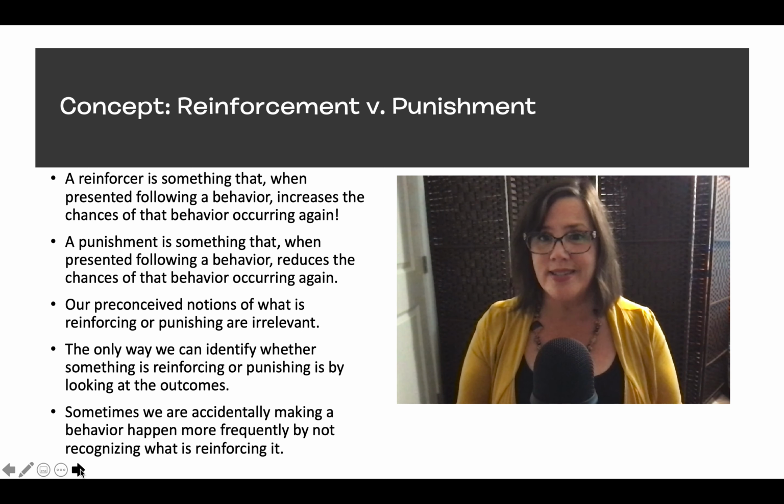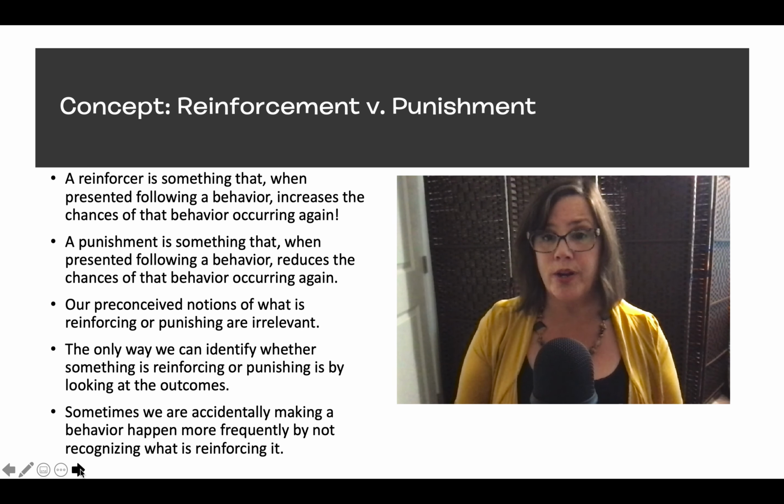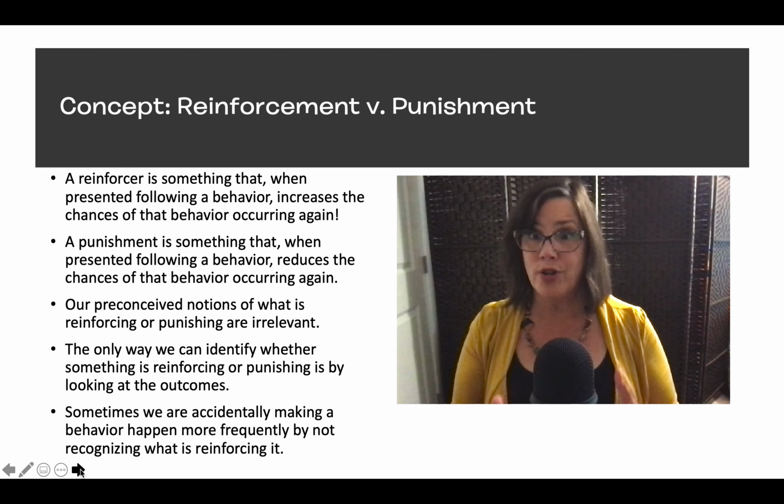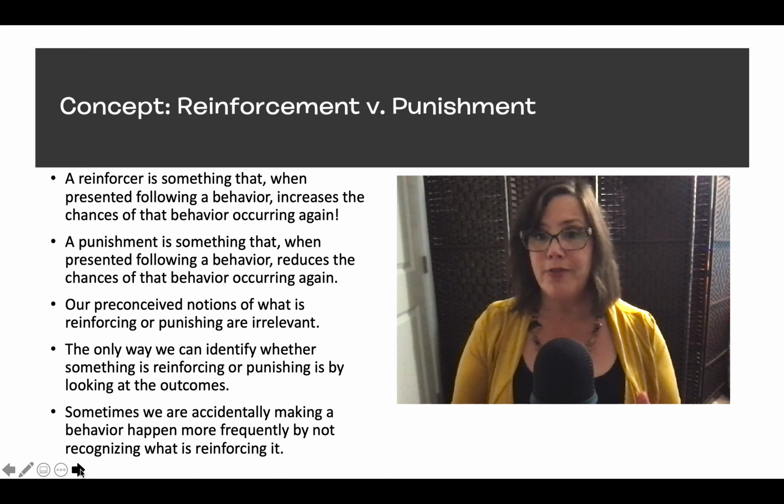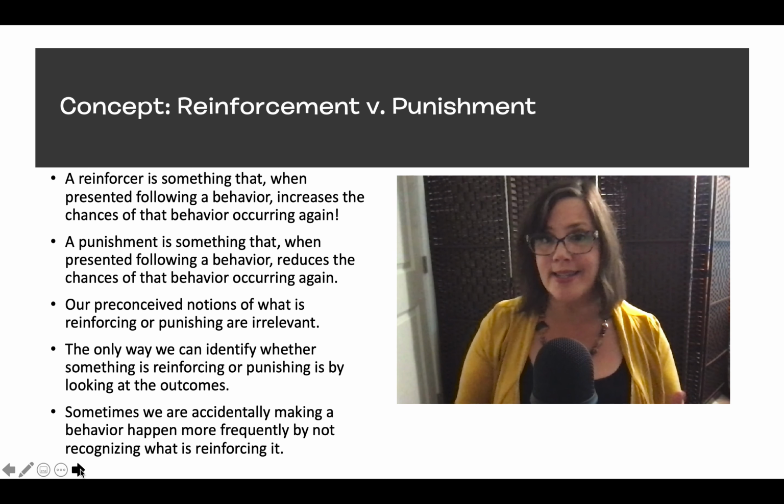Because sometimes, for instance, a classic example where someone might be accidentally reinforcing a behavior that they're trying to reduce would be a child who enjoys the attention from a power struggle.